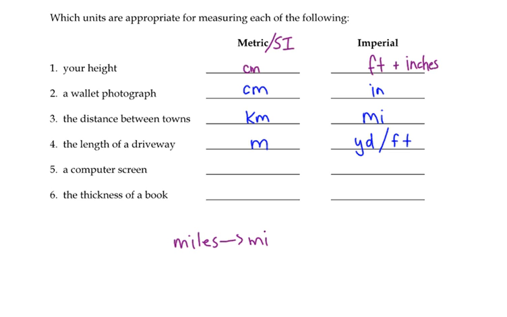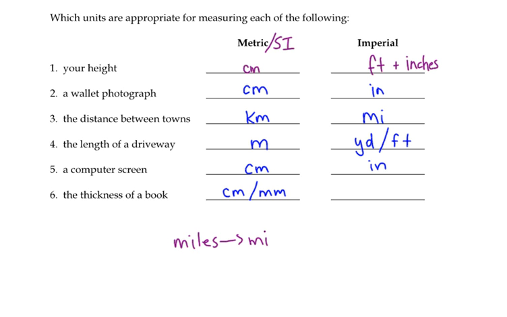Why would I say yards or feet? Well, it's only a 3-to-1 ratio. Often in construction, they just use feet, even if it's a large number of feet. A computer screen. Centimeters, and inches for imperial. The thickness of a book. You could use centimeters or, depending on how thin, millimeters.